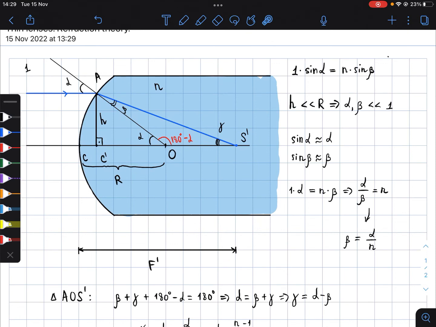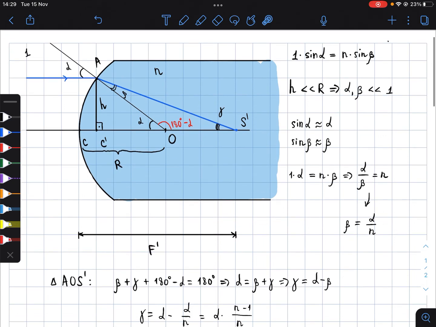As we said, we are looking at paraxial rays, so it means that C prime S prime is going to be equal to this distance F prime. So it means that it's our focal point.